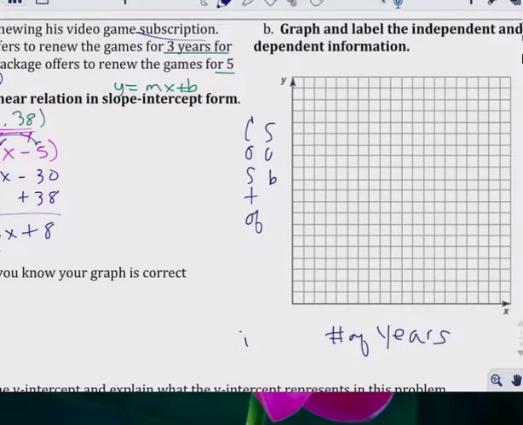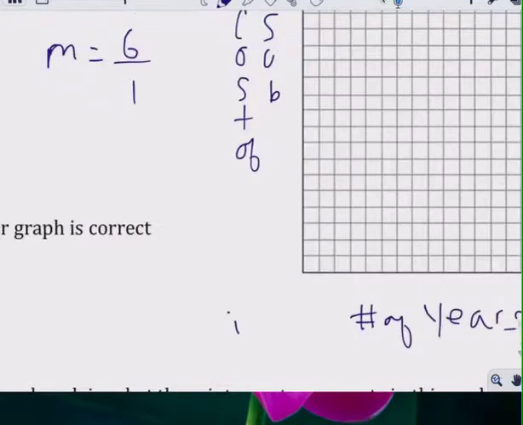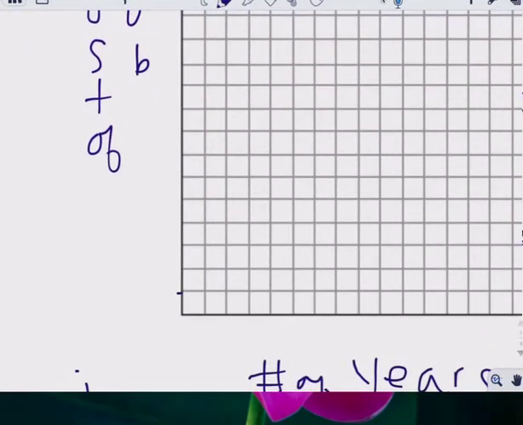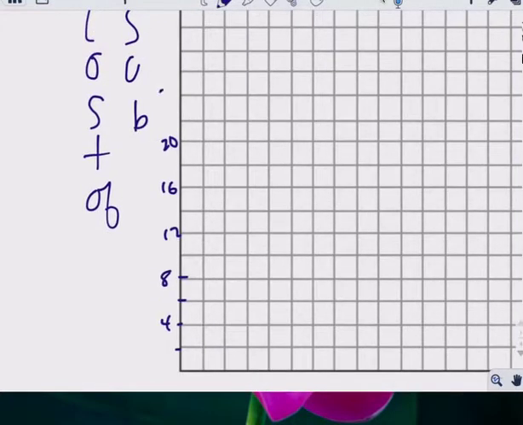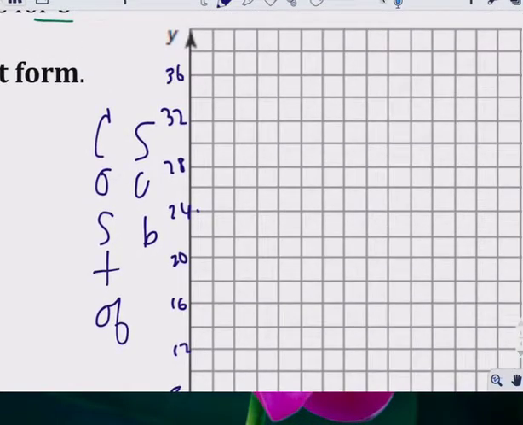Okay, the cost, I'm going to go by 2 because my slope is up 2. M is up 6 over 1. I can count easily. So 2, 4, 6, 8, 10, 12, 14, 16, 18, 20, 22, 24, 26, 28, 30, 32, 34, 36, 38, 40.